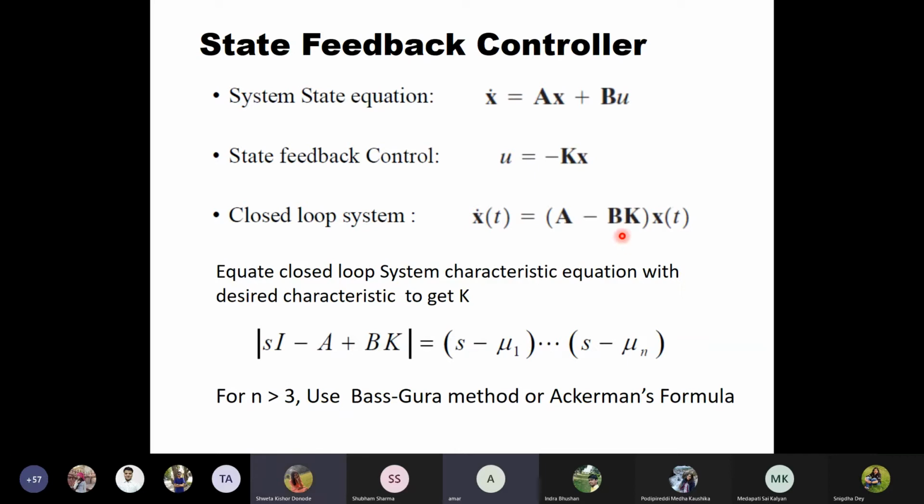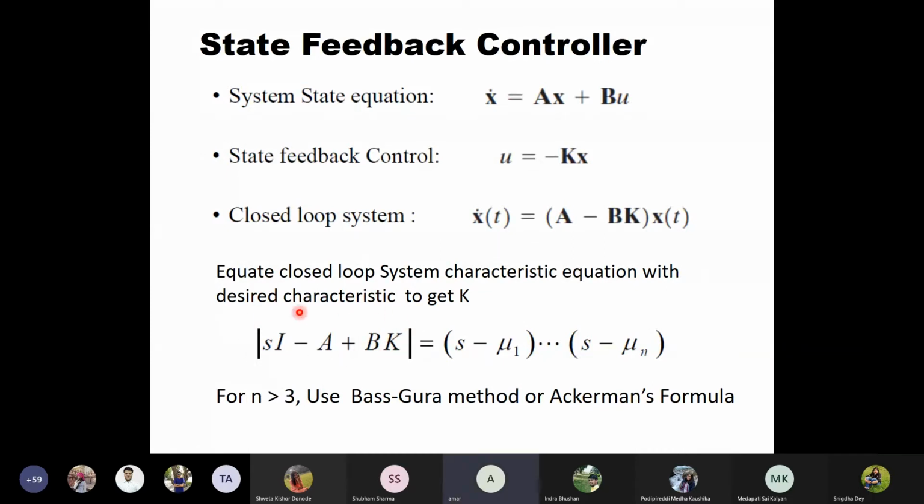The values of K can be found out using a pole placement technique, which basically means that the eigenvalues of the closed loop system, or the poles of the closed loop system, are nothing but the eigenvalues of A - BK. From the characteristic equation, I get the closed loop characteristic equation as determinant of sI - A + BK.